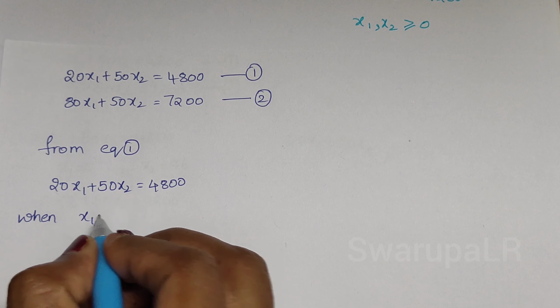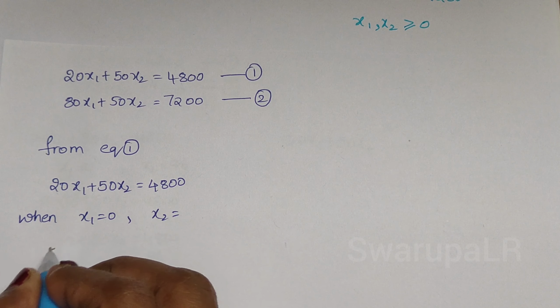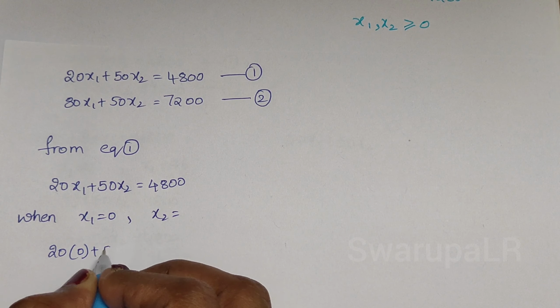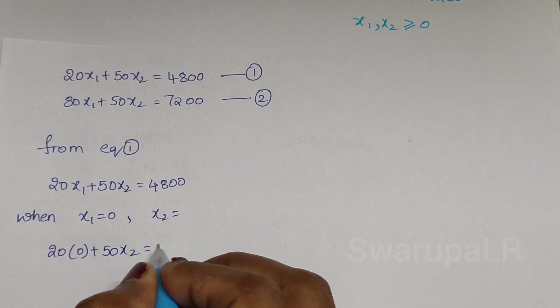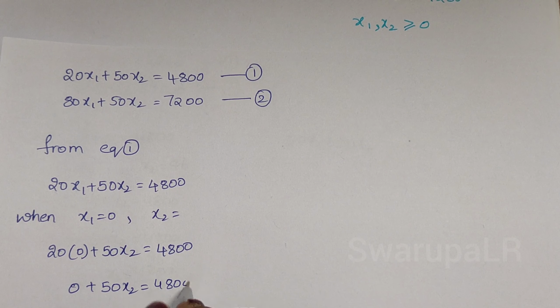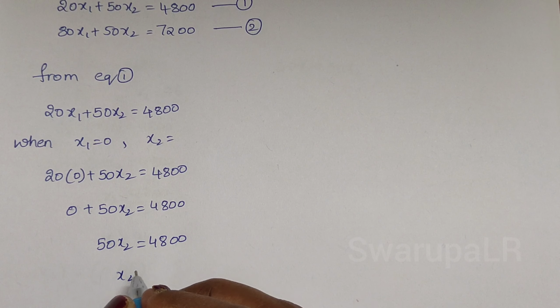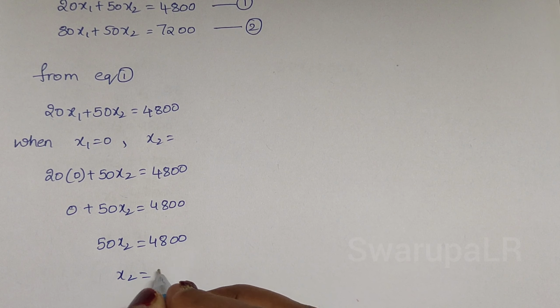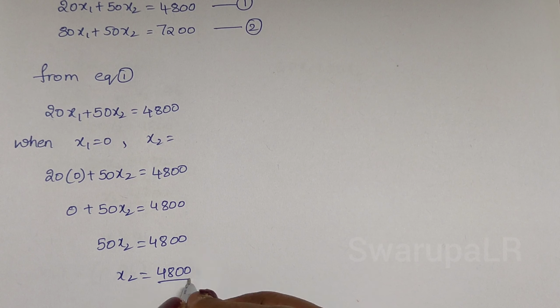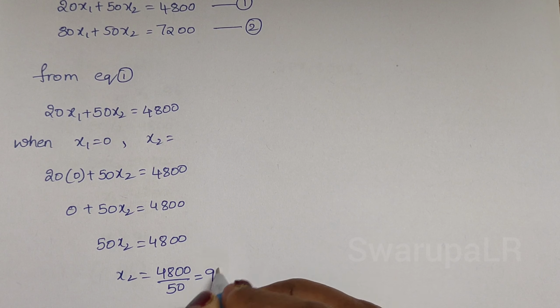Here when x1 is equal to 0, x2 is equal to, we have to find out. 20 into 0 plus 50x2 is equal to 4800. 0 plus 50x2 is equal to 4800. 50x2 is equal to 4800, where x2 is equal to 4800 divided by 50, which is 96.